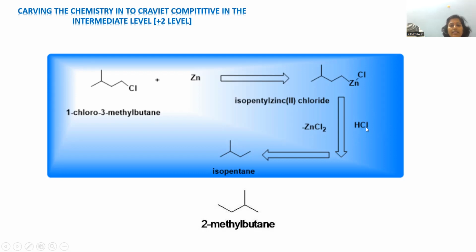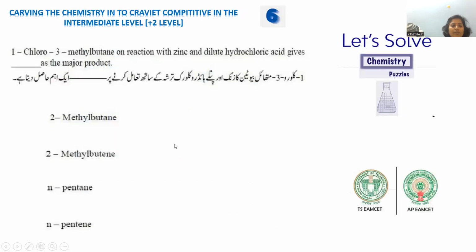Whenever hydrochloric acid is added, zinc will accept the chlorine and be removed as zinc chloride. ZnCl2 will be eliminated and the remaining H plus will be added over here, so it will be converted into isopentane. Isopentane is simply given the IUPAC name 2-methyl butane. The final product will be 2-methyl butane, with zinc chloride as a byproduct.